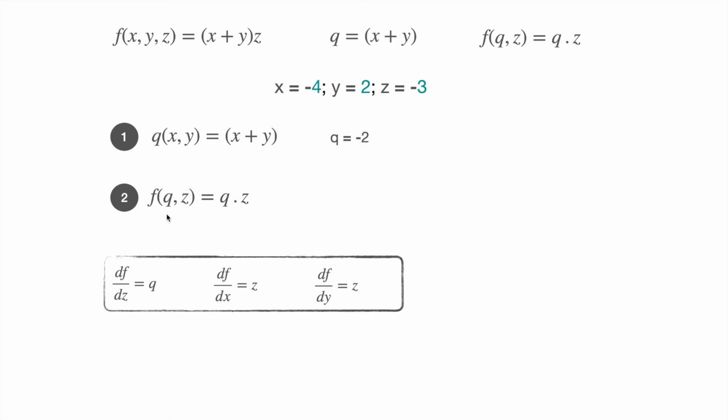And then we perform the final step, f of q comma z equals q into z, that is -2 into -3, that is 6. Now df by dz, we know that it's q. We can directly plug in -2 here, since we know the value of q. And df by dx is nothing but z. z is -3, as we have defined here. And df by dy equals z, which is -3.